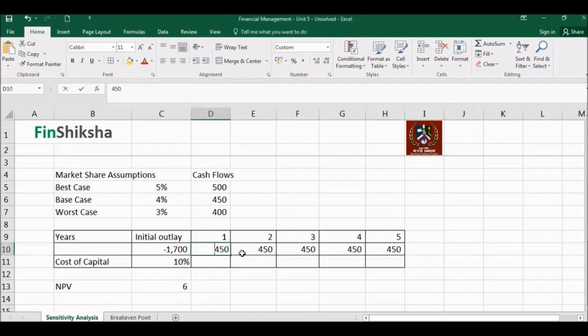If for some reason the worst case scenario plays out and you have only 3% market share, NPV turns negative, right? So this gives you an idea on what kind of range of values can occur so that your estimates can become slightly superior in nature. If worst case plays out, it is not a viable project. If base case plays out, it is just viable as a project. If best case plays out, it is obviously viable as a project, right?